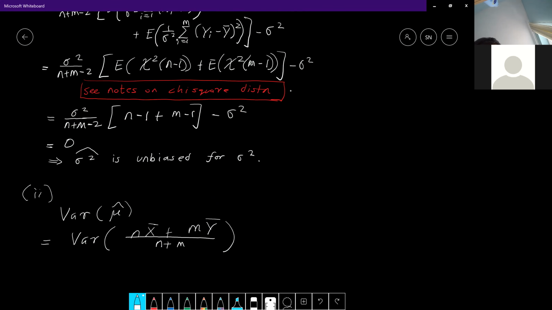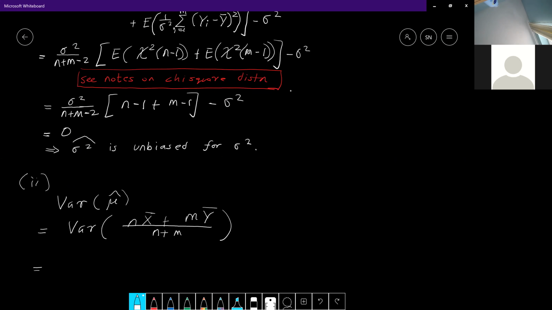Now, when you take a variance inside the brackets, you need to square all the terms. I'm sure you know that. So this becomes n squared divided by n plus m squared times the variance of x bar plus m squared divided by n plus m squared times the variance of y bar.